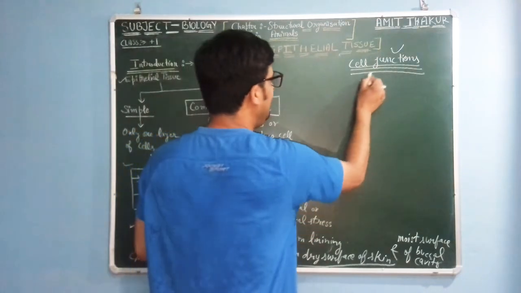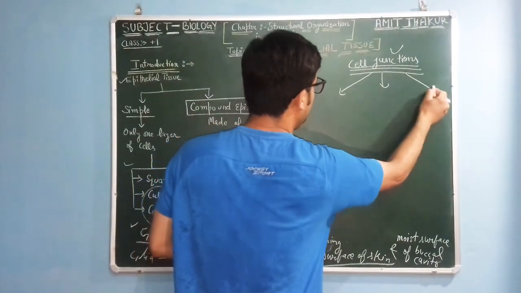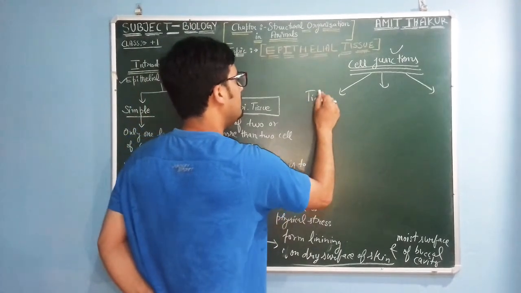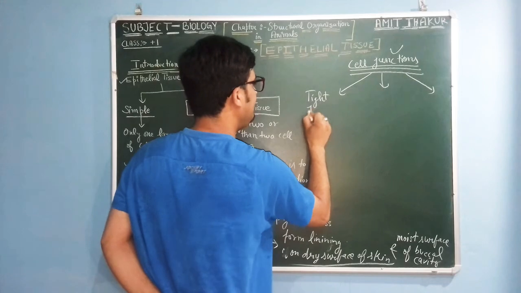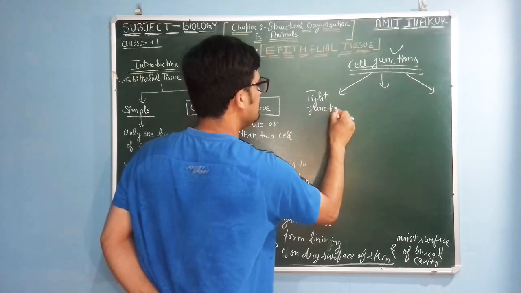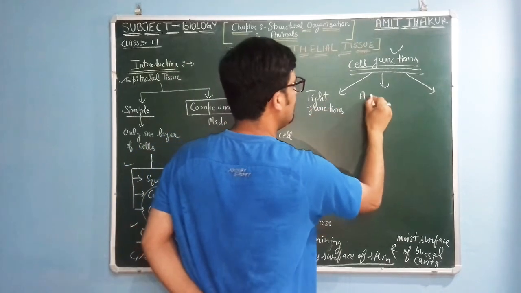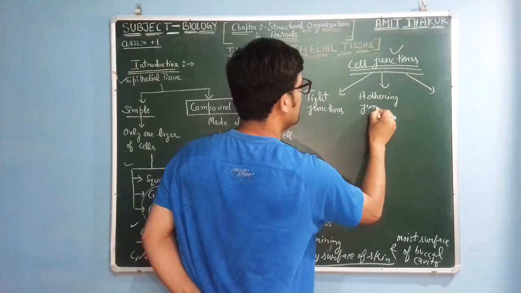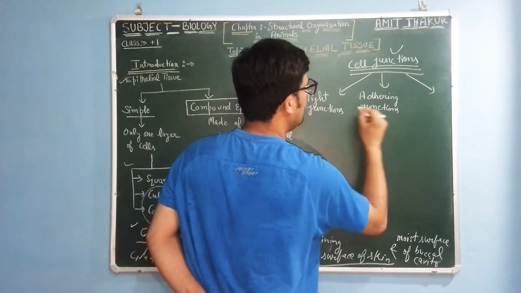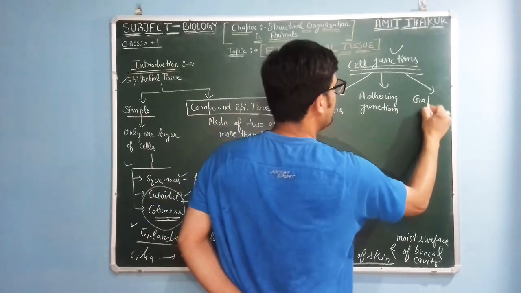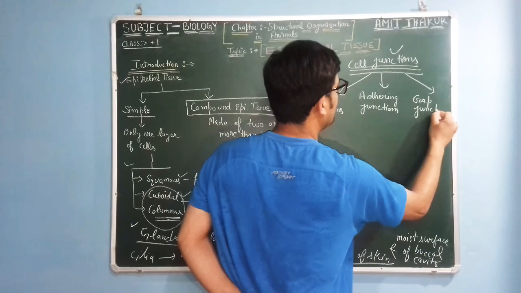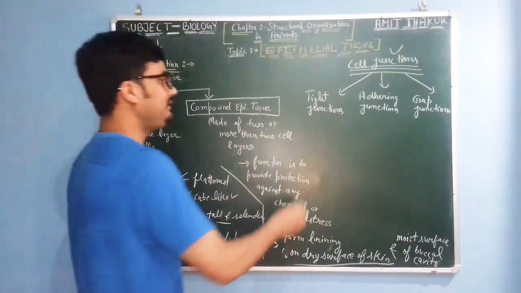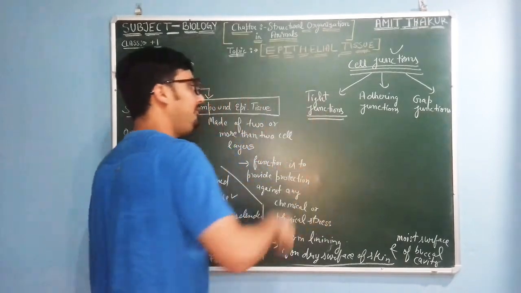So there are three types of cell junctions: tight junctions, adhering junctions, and gap junctions. There are three types of junctions. What are tight junctions? What is the function of tight junctions?